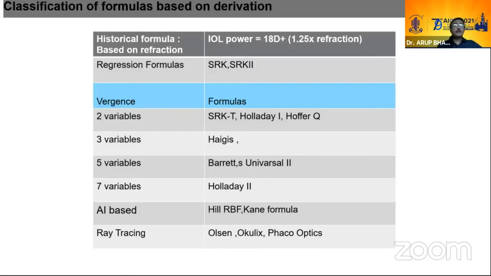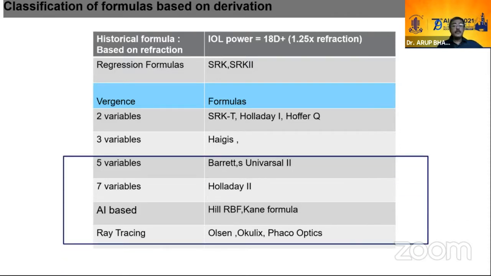Let's take a quick look at what we have reached so far in biometry formulas. We start from SRK II, a regression formula, to the Vergence formulas, and now we have fourth generation formulas. Barrett Universal is the most popular, and the AI-based formula, Hill RBF, is also coming very fast. It has become very popular nowadays.